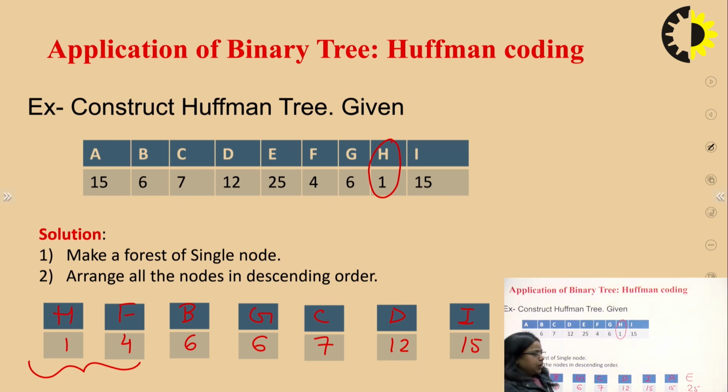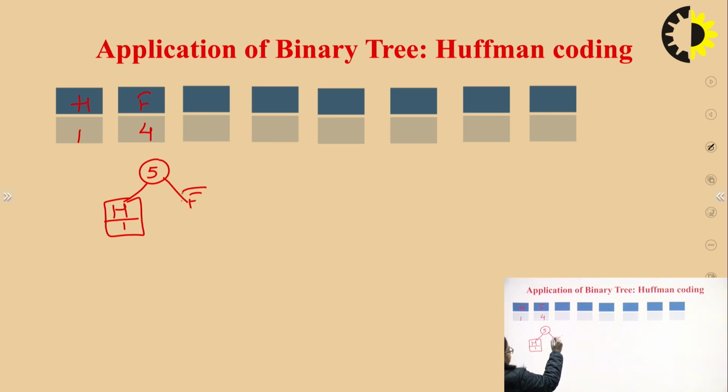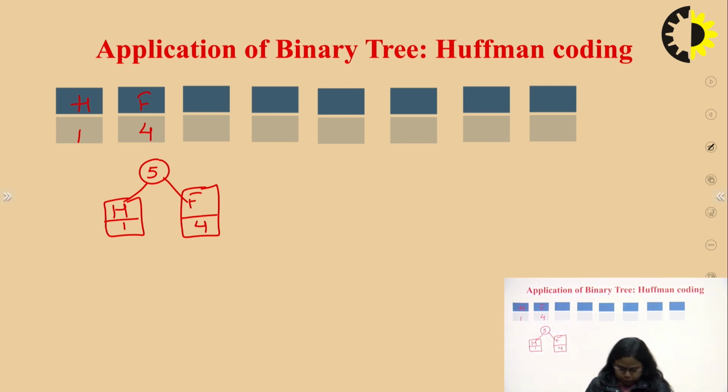H has weight 1 and F has weight 4, so we make the tree for H and F. By combining 1 and 4, it becomes 5. This is the way we combine both trees.